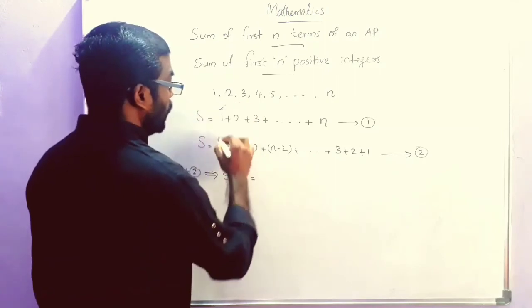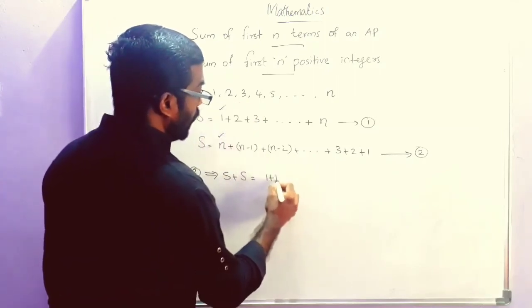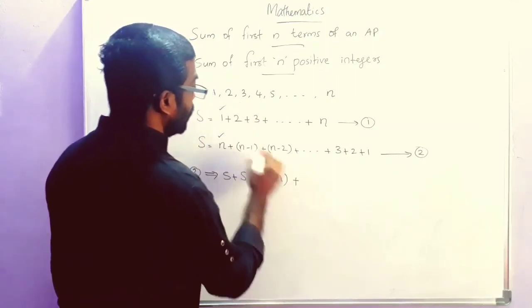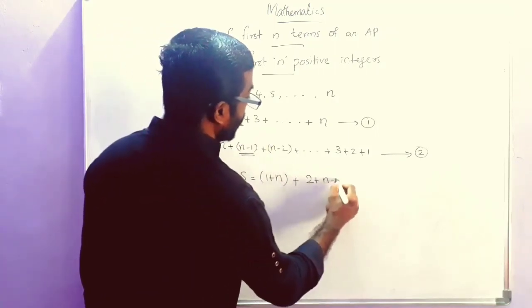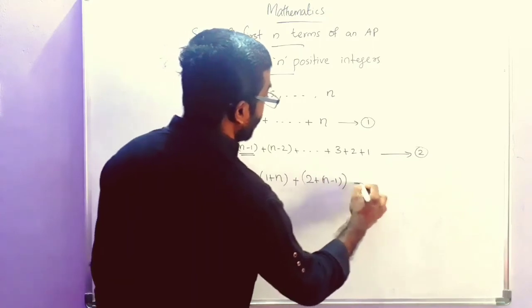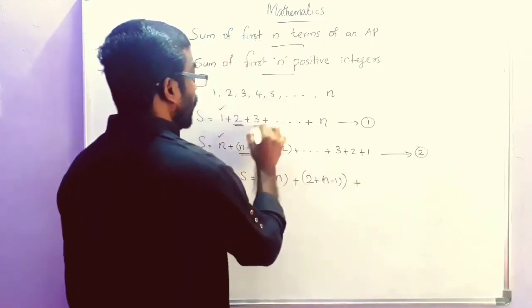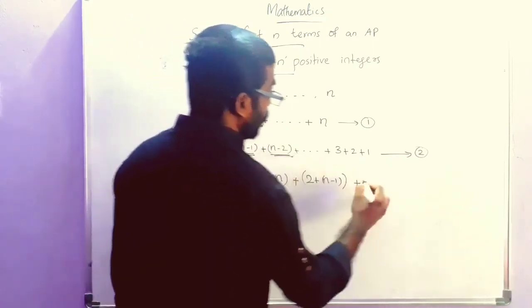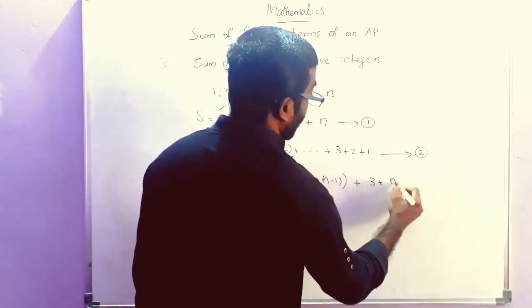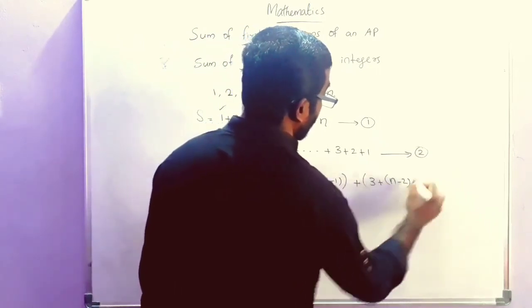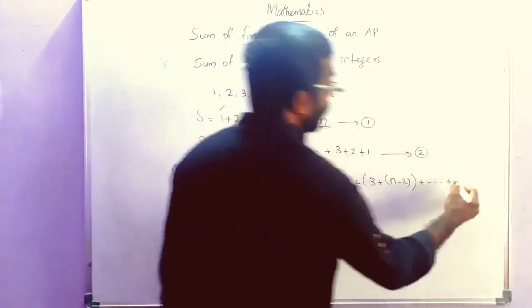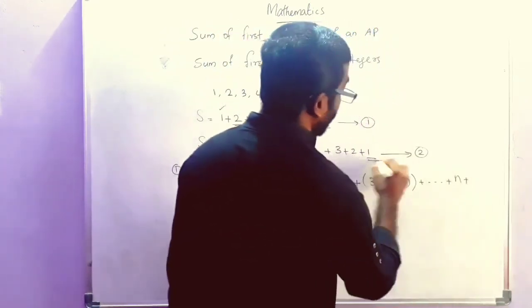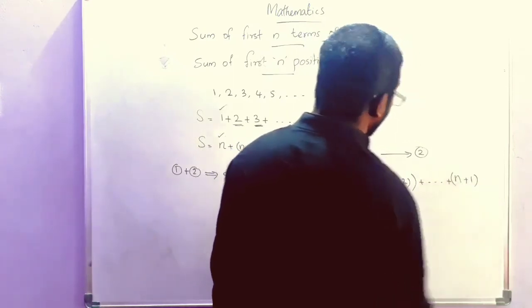here the first term is 1, here n. So 1 plus n, then plus here 2, here n minus 1. 2 plus n minus 1, then plus here 3 and here n minus 2. So 3 plus n minus 2, then plus etc. The last term here is n, then plus here it is 1, n plus 1.